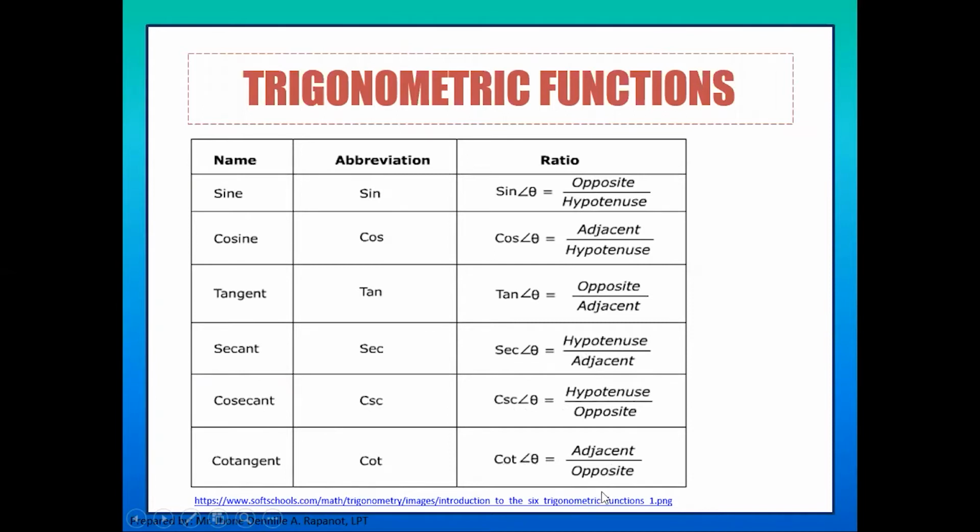So, to make life easier, we can apply this simple acronym for each trigonometric function. We have SOH, CAH, TOA, and CHO, SHA, CAO. So, S means sine, O means opposite, H means hypotenuse. Your A here means adjacent.